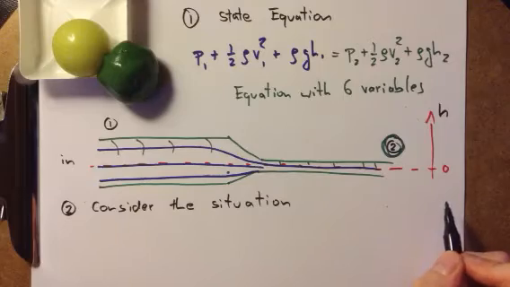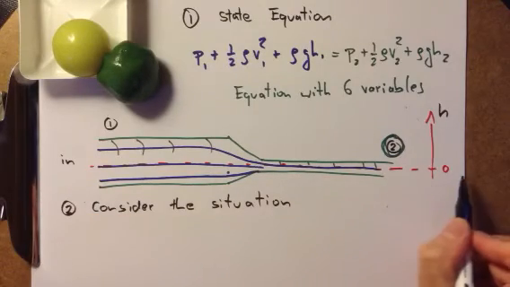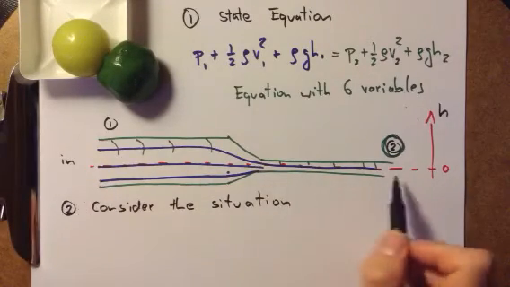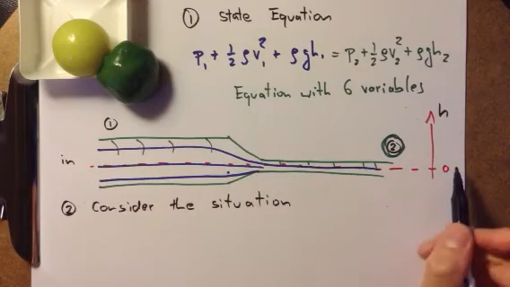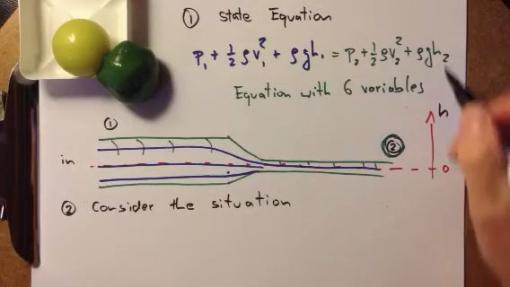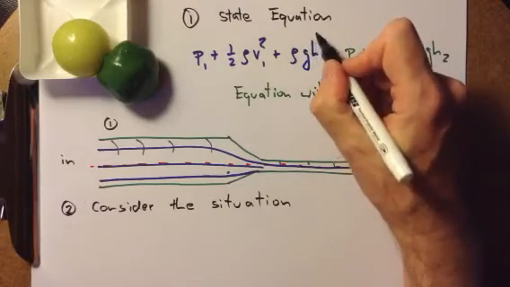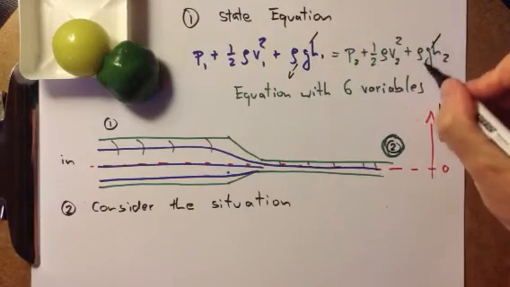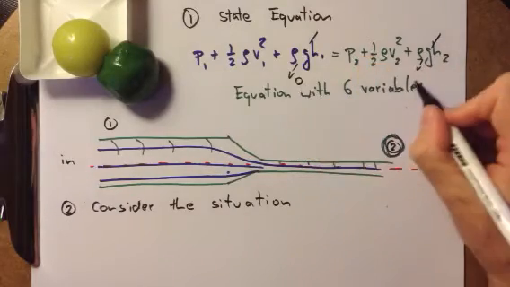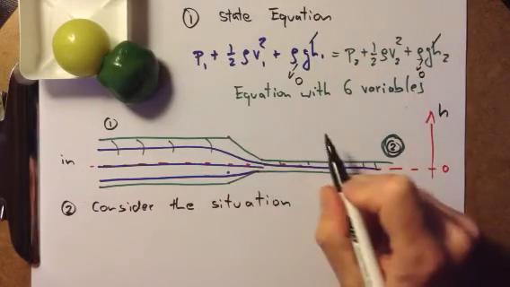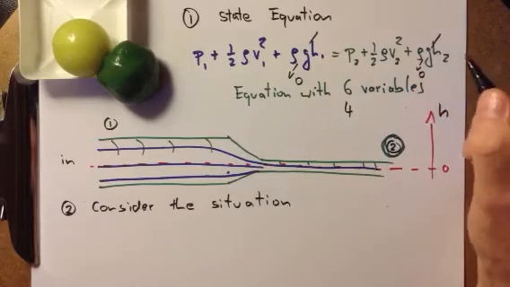In fact, we can define a zero reference, and if we define that zero reference exactly in the center of this tube, we find that both of these heights, h1 and h2, are 0, and therefore the respective terms become 0. That reduces our equation to an equation with 4 variables.